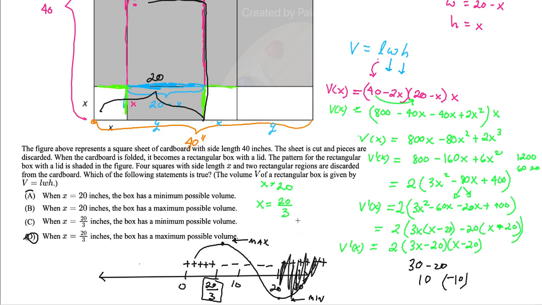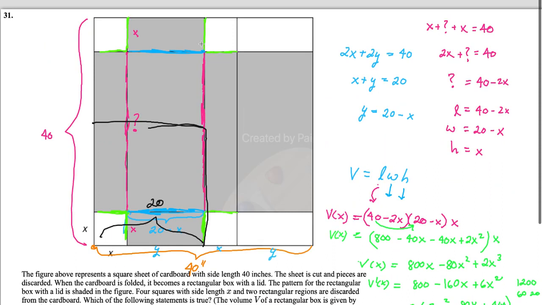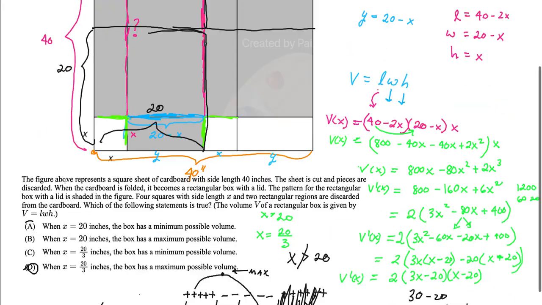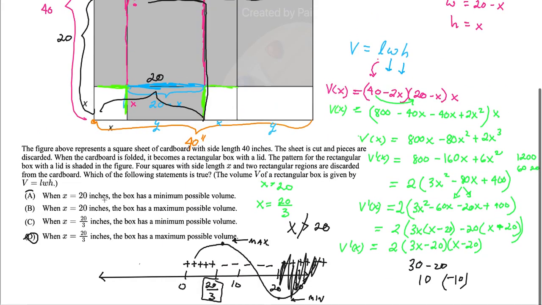It's not possible. X cannot be greater than 20. This cannot happen. Because then there'll be no box for you to form. If you cut out this square, right, then this square, then you just cut the square into 4 different pieces. Because this length is 40. So if x is 20, then there's no box. So you can't even make a box for A.